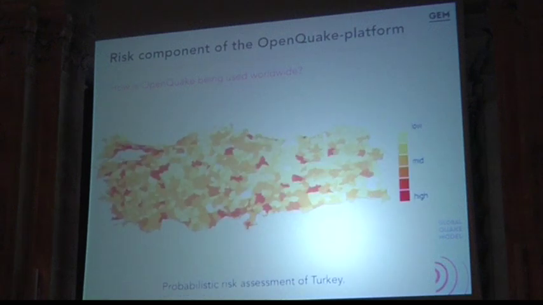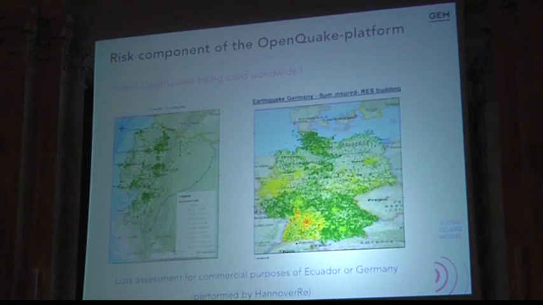The probabilistic risk assessment that we already showed on other occasions. In this particular case, we use classical PSHA, but we also use event-based. And now we are in a calibration process with our private partners to further test the OpenQuake engine. And finally, some results by one of our private sponsors, OpenRe, in which economic losses were calculated for Ecuador and Germany.